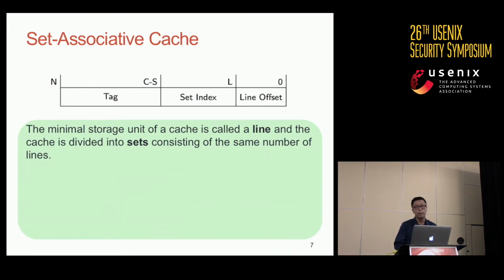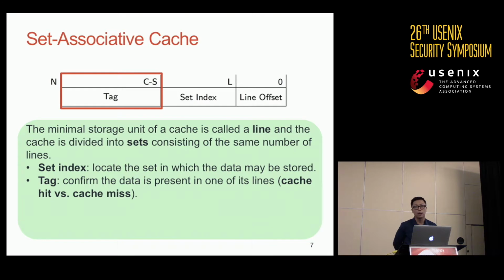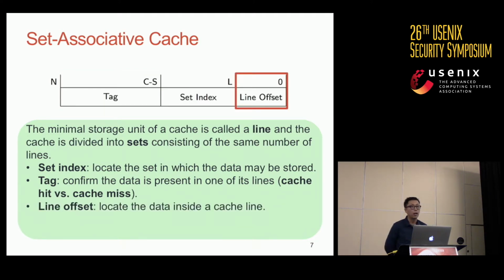For a memory address of n bits, the middle part is called the set index, which is used to locate the set where the data may be stored. The upper part is called a tag, which is used to confirm whether data is present in one of its cache lines. And the lower part is called a line offset, which is used to locate the data inside the cache line.